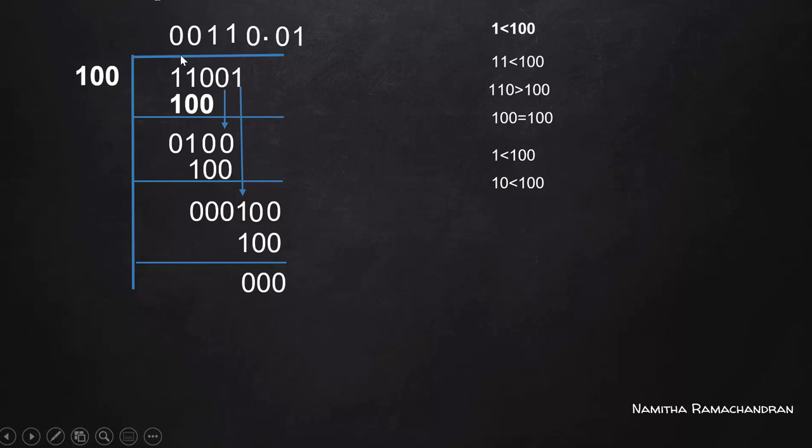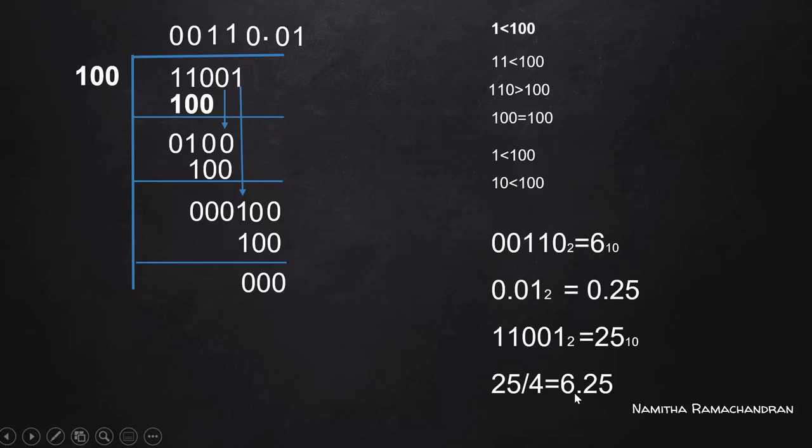So the remainder is 0 and the quotient is this. Okay, now we can check the correctness of our result. This 11001 is actually 25 in decimal and this one is 4 in decimal. 25 by 4, the expected result is 6.25. Okay, so here it is 00110.01.